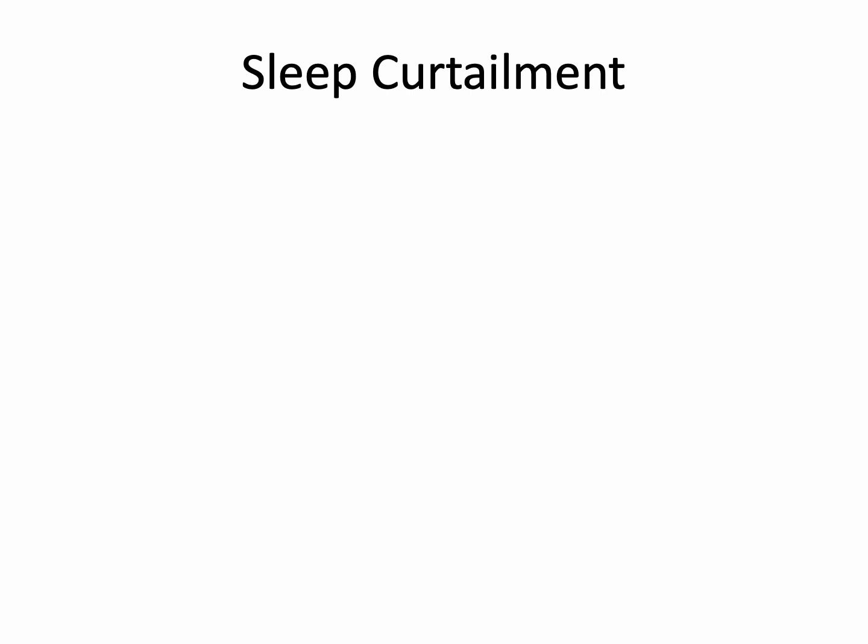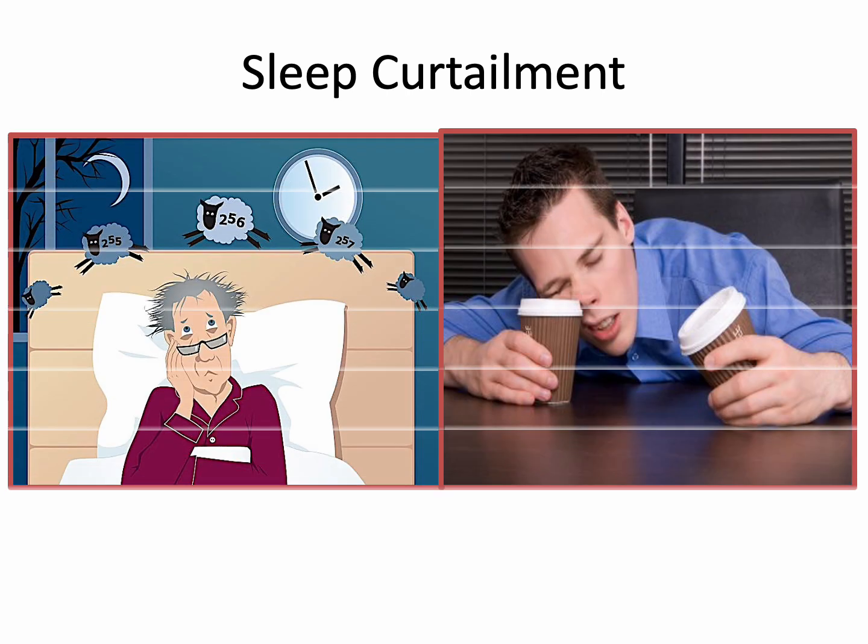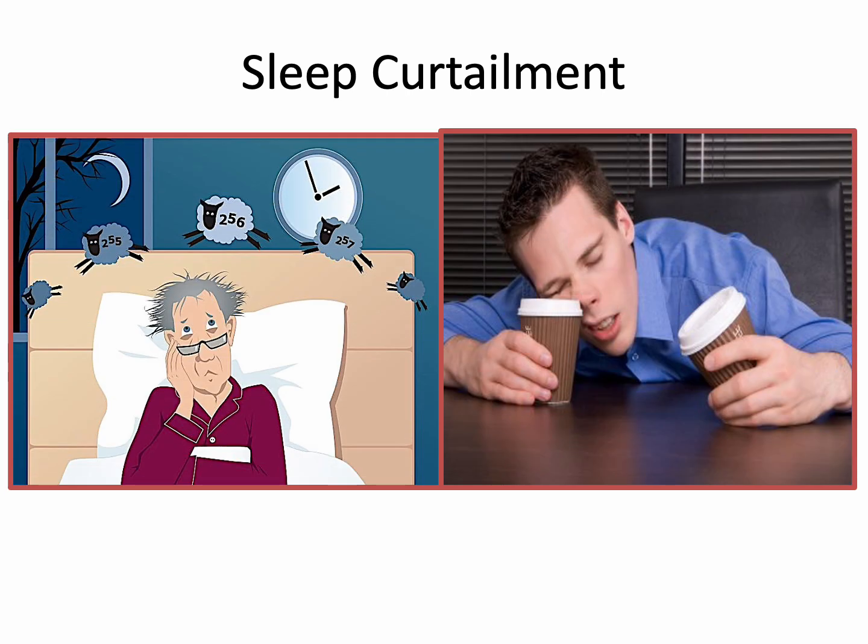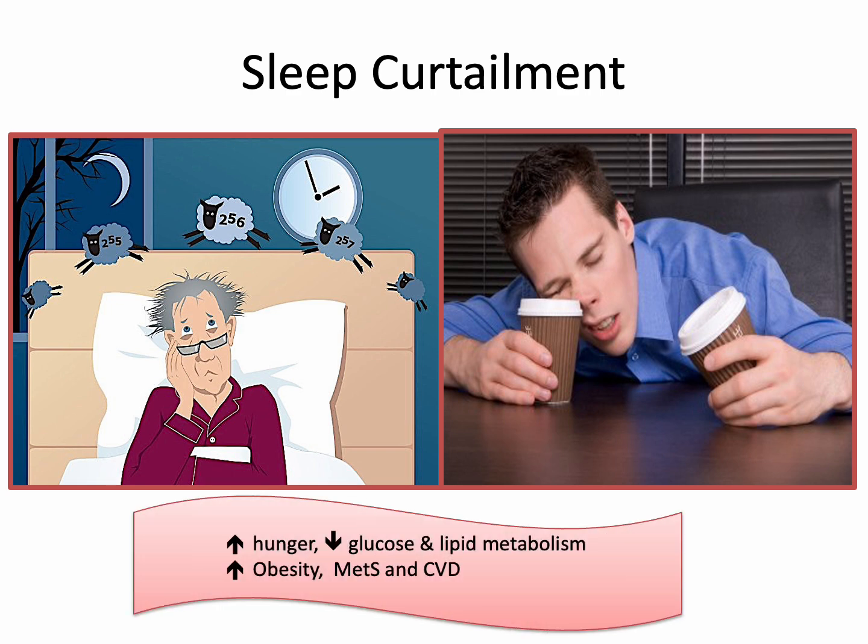In addition to the pervasive rise in voluntary sleep curtailment, this common disorder of circadian behavior and sleep is associated with increased hunger and decreased glucose and lipid metabolism that eventually leads to obesity, metabolic syndrome, and cardiovascular disease.